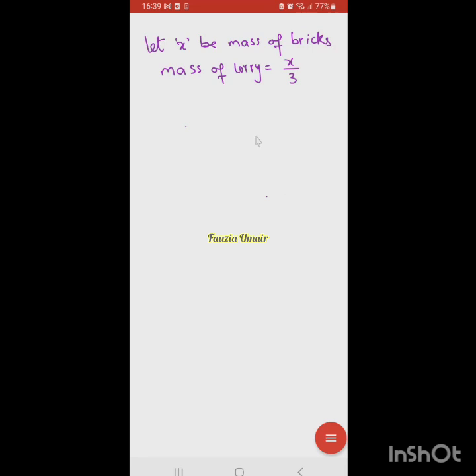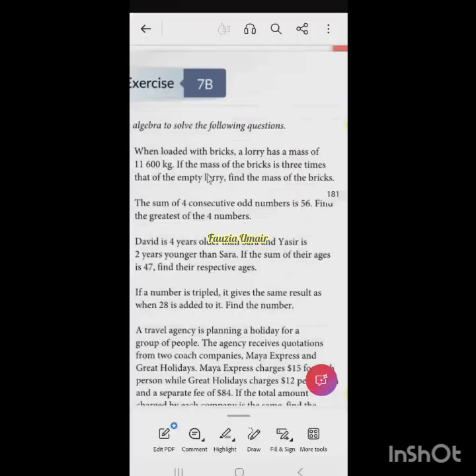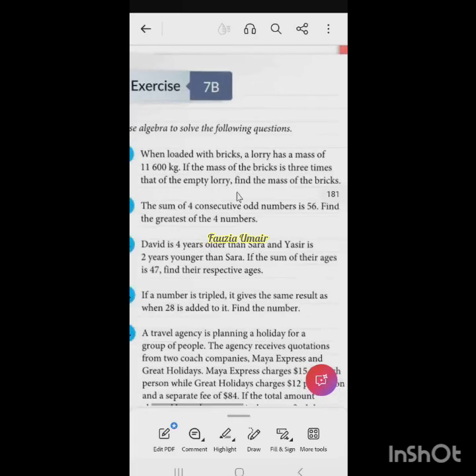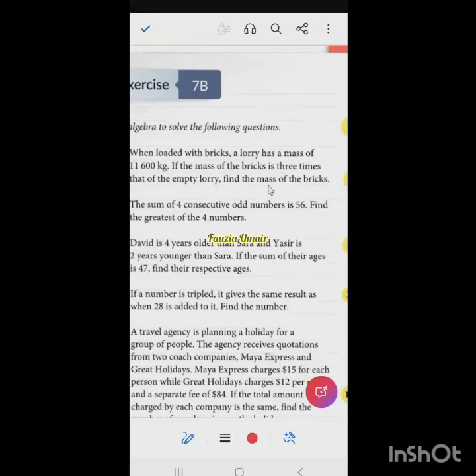Yes, ma'am. So let's do this again. First of all, in word problems, whatever you need to find, that we need to assume. So in this question we need to find out the mass of the bricks. So we will assume let the mass of the bricks be x. Now see this statement: if the mass of the bricks is 3 times the mass of the lorry, the mass of the bricks we assumed is x.